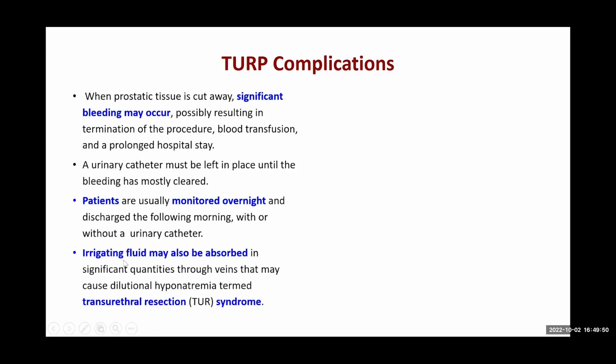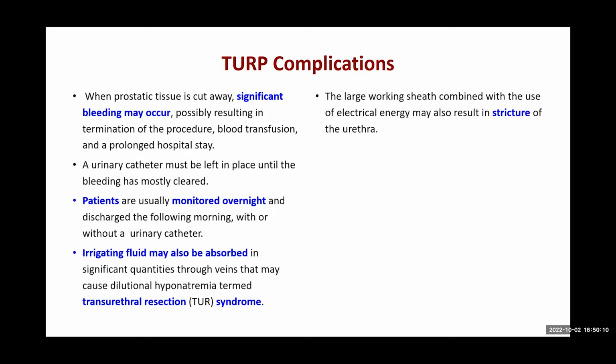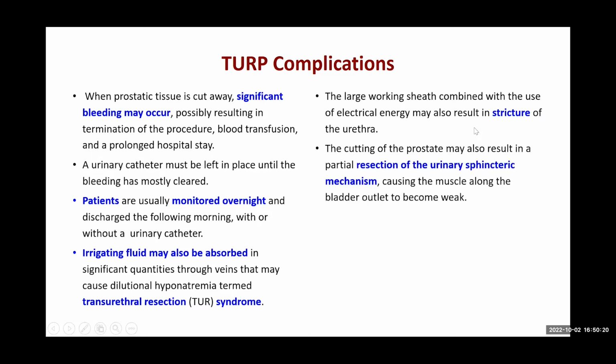This is another problem. Irrigating fluid may also be absorbed in significant quantities through veins that may cause dilutional hyponatremia. And this is termed transurethral resection syndrome, right? So hyponatremia, and that will have its own consequences. Another problem with this operation is that the large working sheath combined with the use of electrical energy may result in stricture of the urethra.